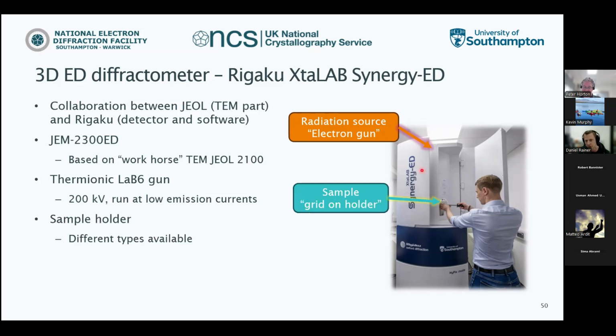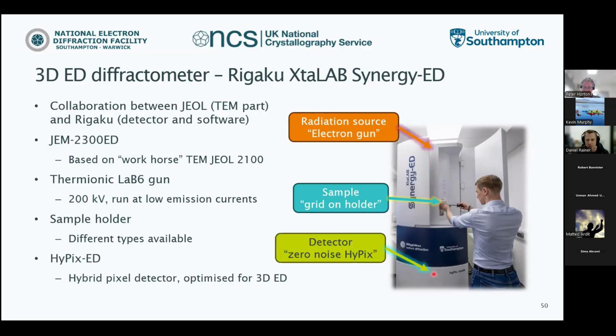Then we have the sample holder coming in here. So the electrons travel down, are formed into a proper beam, and then interact with the sample. And then finally, there's a zero noise hybrid pixel detector, very much like the one used for X-ray diffraction, but obviously optimized for electron diffraction, so detecting now electrons and not X-rays. And obviously, some sort of operator, in this case, me.